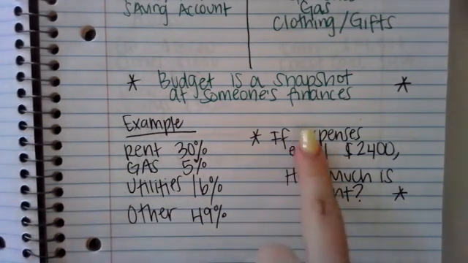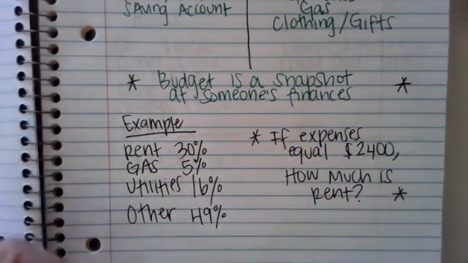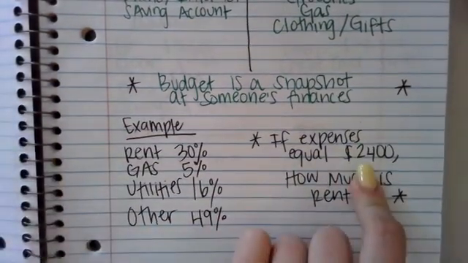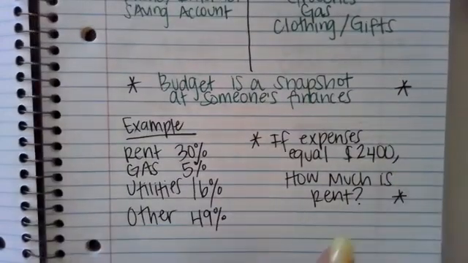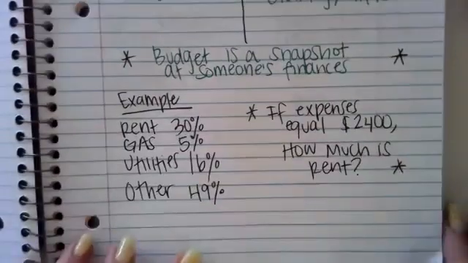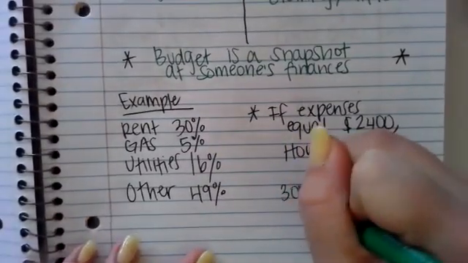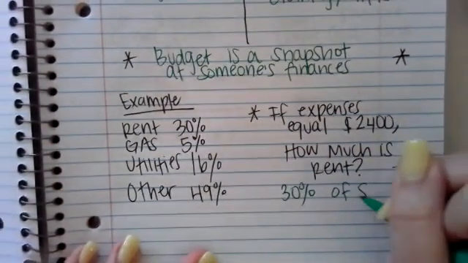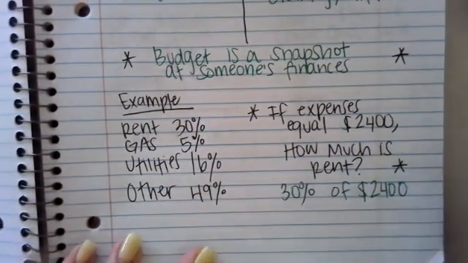So if they tell us that this person's total expenses, so if they added up all of these expenses or costs, is equal to $2,400, how much is their rent? So the question we have to solve is, what is 30%, since rent is 30% of $2,400.